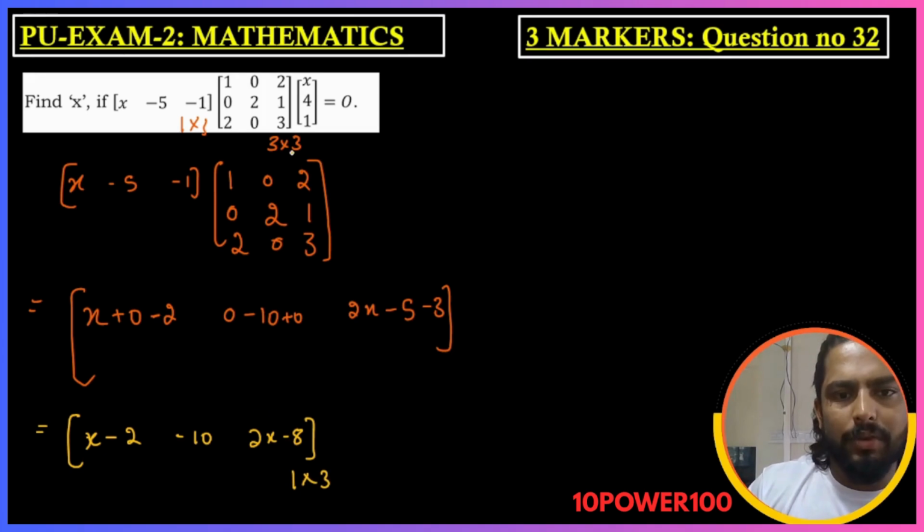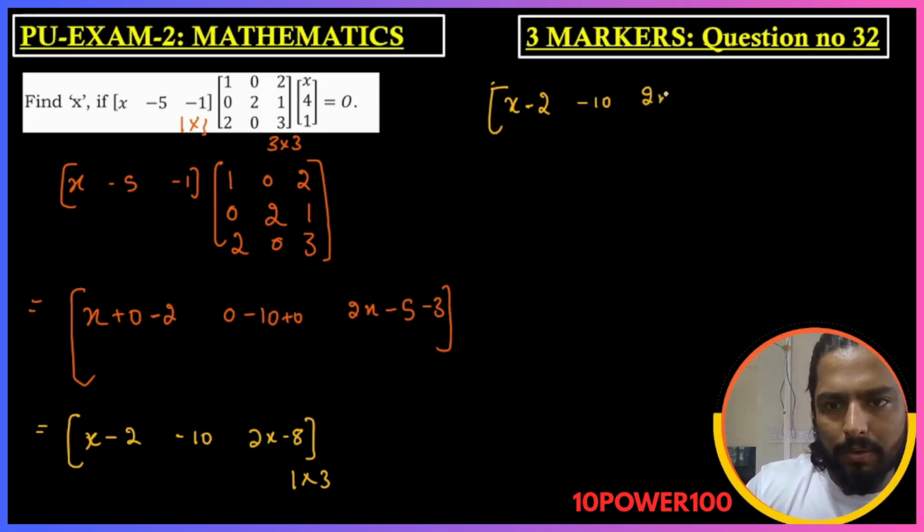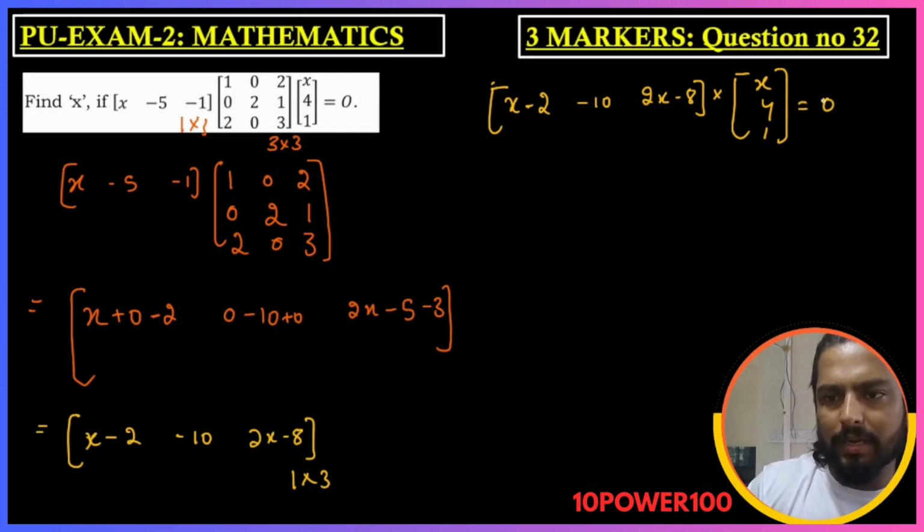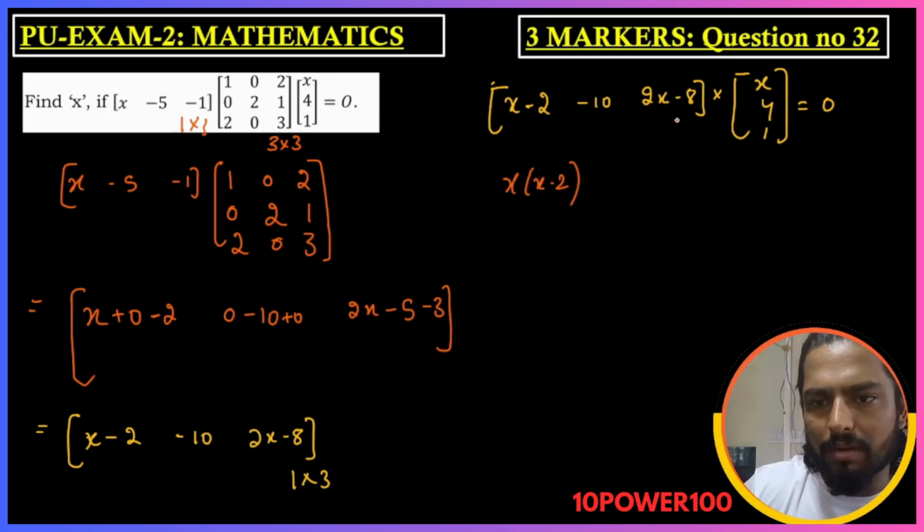Now this is multiplied into the E matrix. I'll write this here: x minus 2, minus 10, 2x minus 8 into this matrix, x, 4 and 1, is equal to the zero matrix as given. So we'll take that. x minus 2 into x is x of x minus 2. What is the order of this matrix?